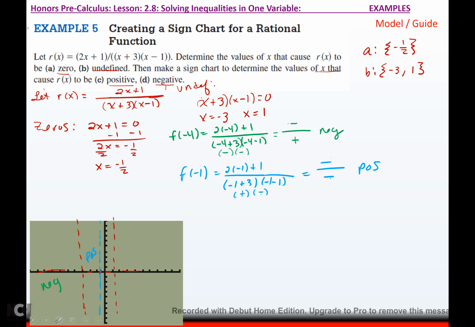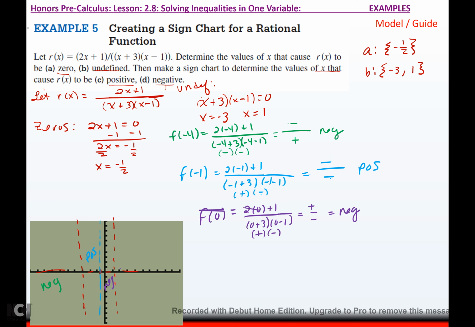The next section, I'm going to pick 0. So f of 0 would be 2 times 0 plus 1 over 0 plus 3, 0 minus 1. That's 0, so the top is positive. On bottom, that's positive, that's negative. Divided by a negative is going to be negative. See how they're alternating? It's because I don't have any double roots.